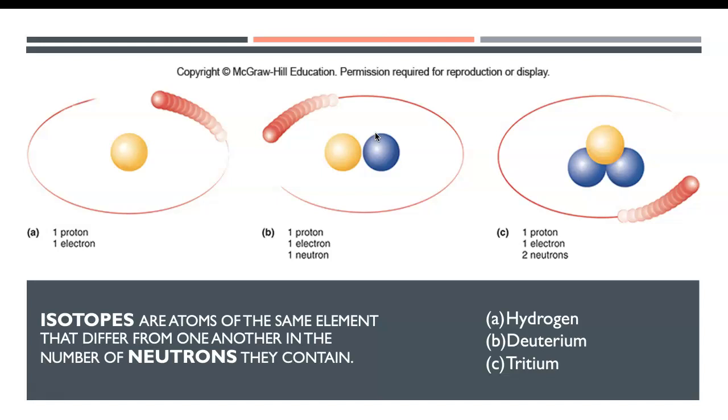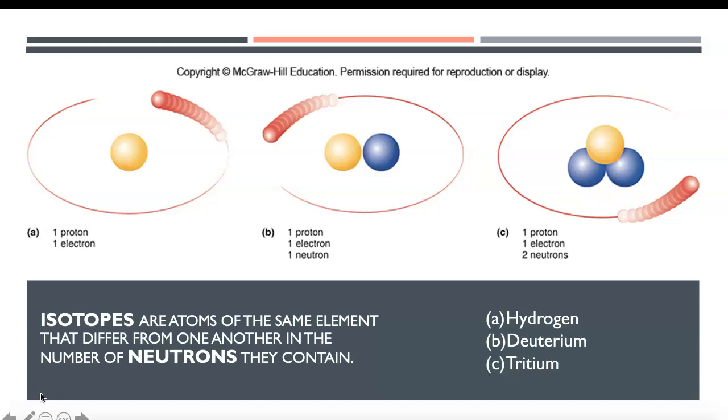Now I want to say a word about isotopes. A is normal hydrogen, and B is 1 proton, 1 electron, and 1 neutron. It's called deuterium. And C is tritium, 1 proton, 1 electron, and 2 neutrons.